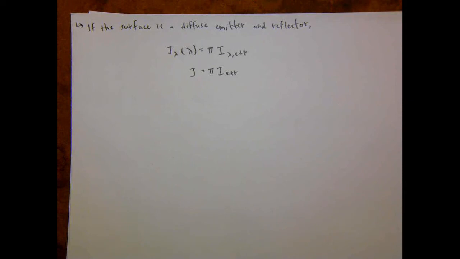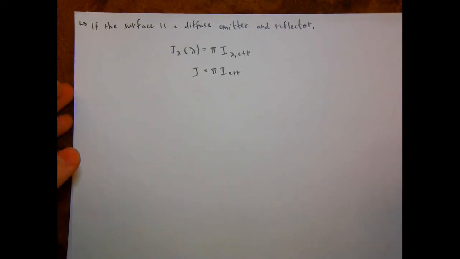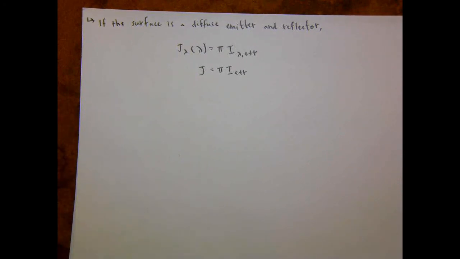And then based on these definitions, we know the net radiative flux is everything that leaves versus everything that is incident, so J minus G. So you can get the definition for the net radiative flux as well from everything that we've written down.